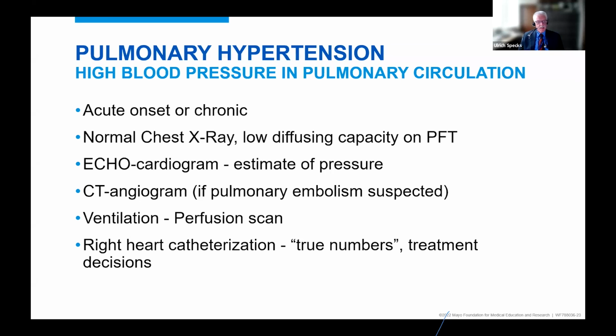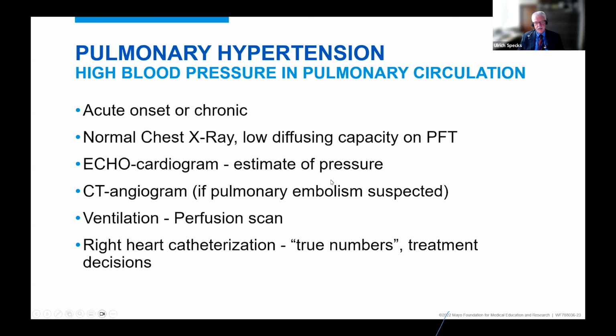So high blood pressure in the pulmonary circulation, again, this is often a problem. We can identify this with a variety of tests. We think about it when the gas exchange measure, the diffusing capacity, is low on the breathing test. We then get an echocardiogram that allows us to estimate the pressure in the pulmonary circulation.